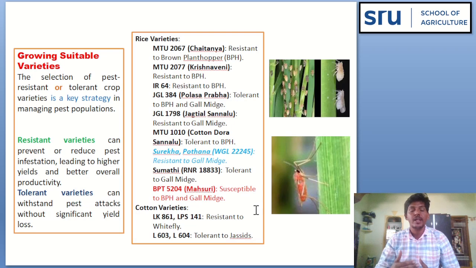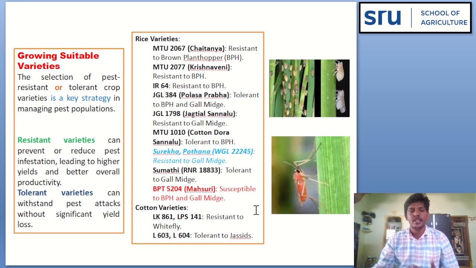They can prevent or reduce pest infestation, leading to higher yields and better overall productivity. Tolerant varieties can allow infestation of the insect pest and can withstand pest attack without significant yield loss.